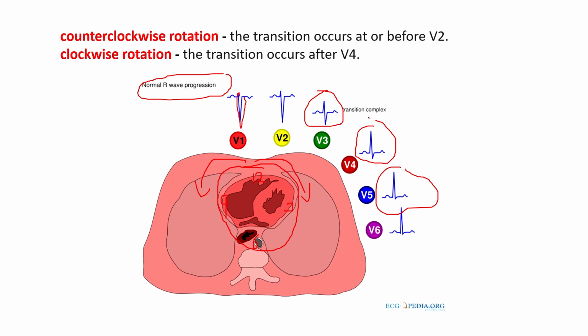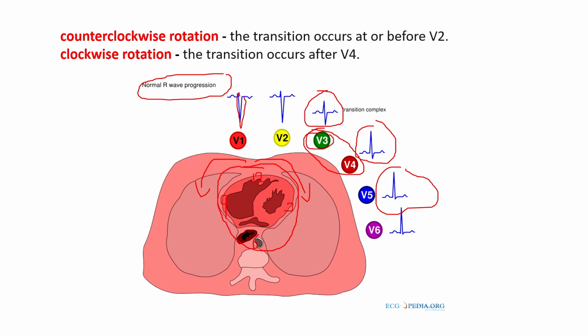Normally V3 and V4, we call the transition zone. The transition means where the R wave amplitude becomes the same as or more than the amplitude of the S wave. For example, in this case, it happened in V3, it became equal.